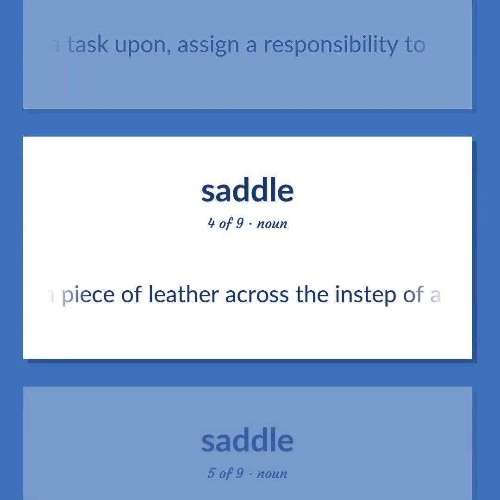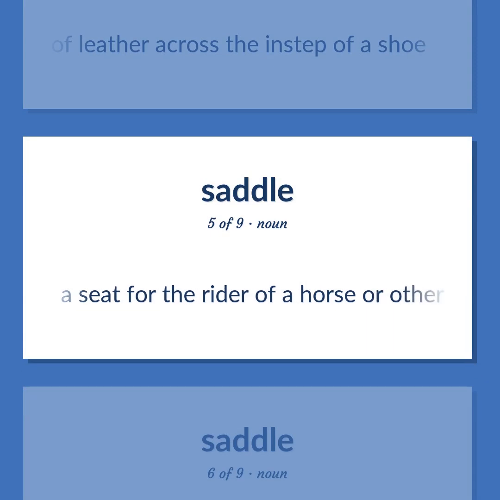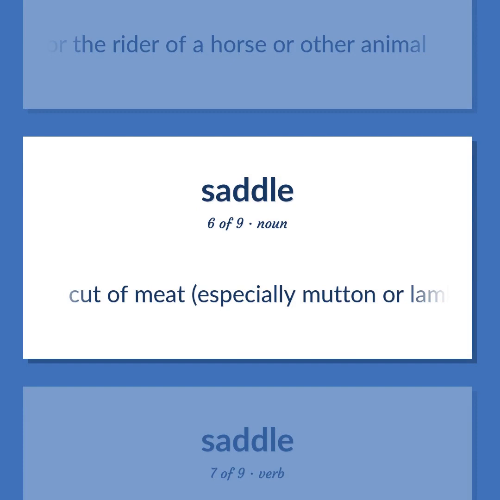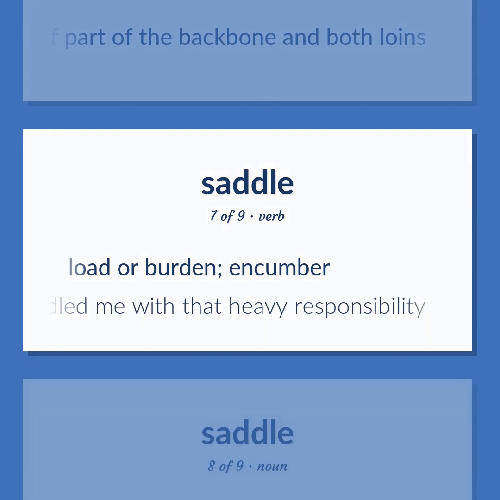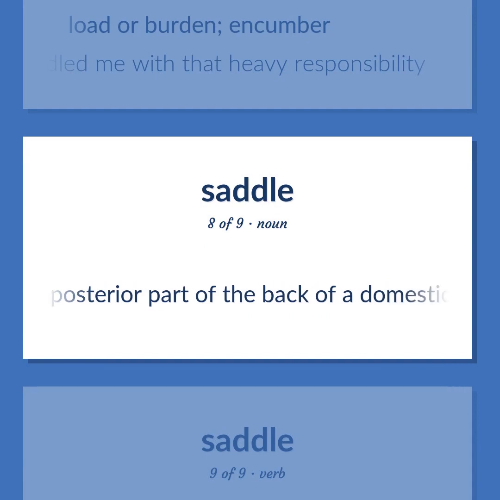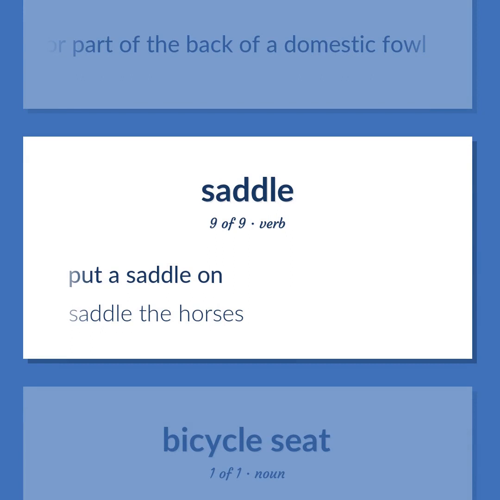A piece of leather across the instep of a shoe. A seat for the rider of a horse or other animal. Cut of meat, especially mutton or lamb, consisting of part of the backbone and both loins. Load or burden. Encumber. He saddled me with that heavy responsibility. Posterior part of the back of a domestic fowl. Put a saddle on. Saddle the horses.